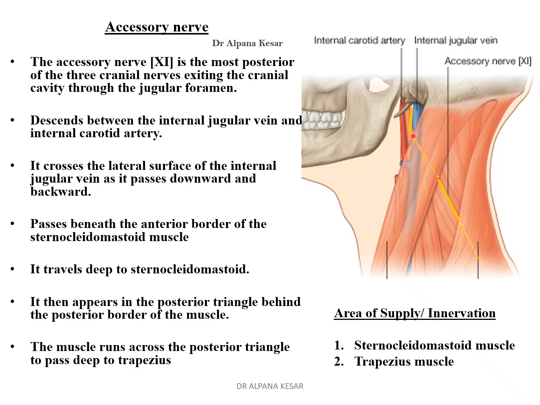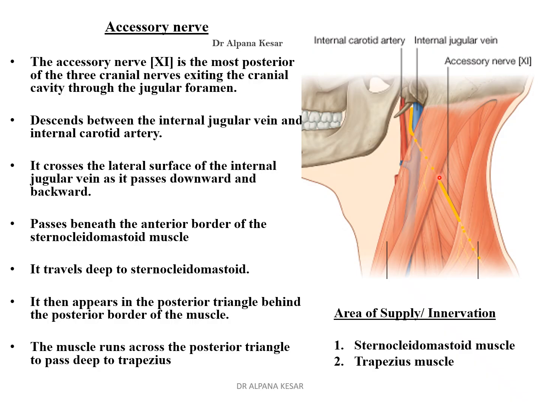Accessory initially descends between the internal jugular vein and the internal carotid artery. It then passes over the lateral surface of the internal jugular vein and further passes downwards and backwards beneath the sternocleidomastoid muscle.